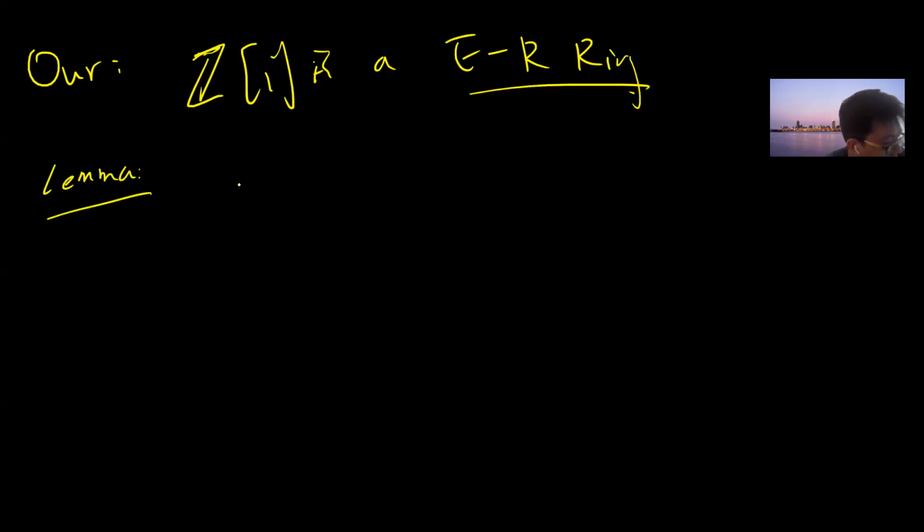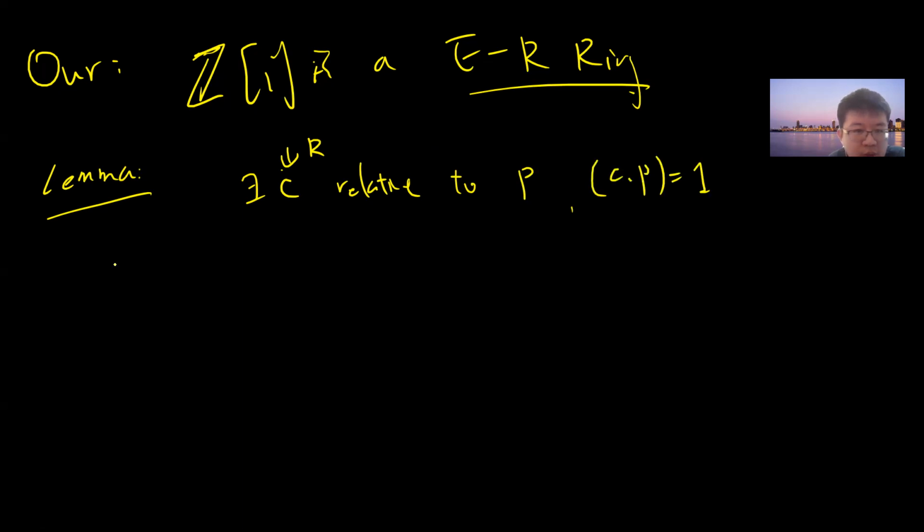This lemma says that if p is a prime integer, and if there's a c in R, this Euclidean domain, relatively prime to p, which means their GCD is 1, then let's see.